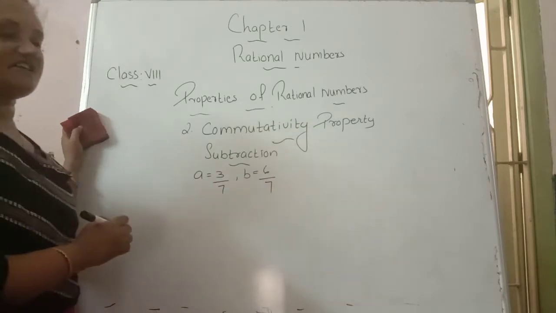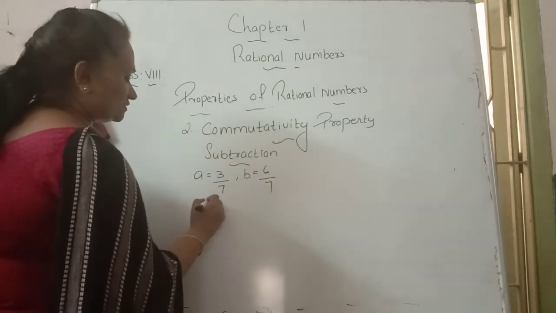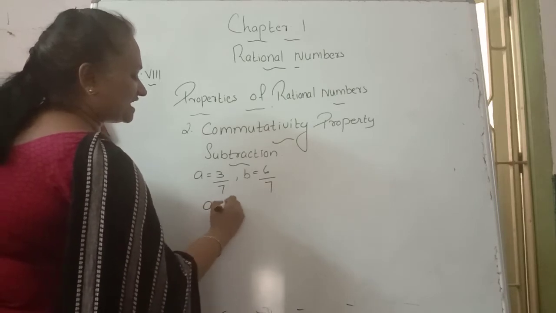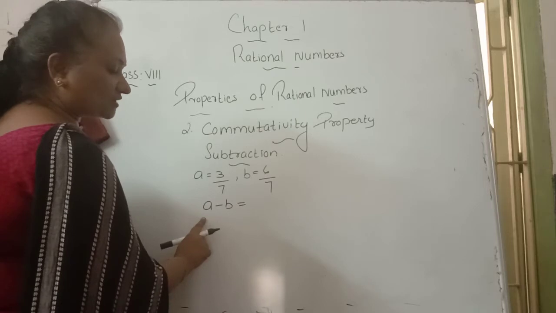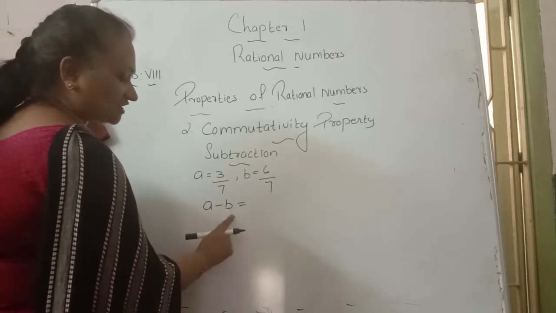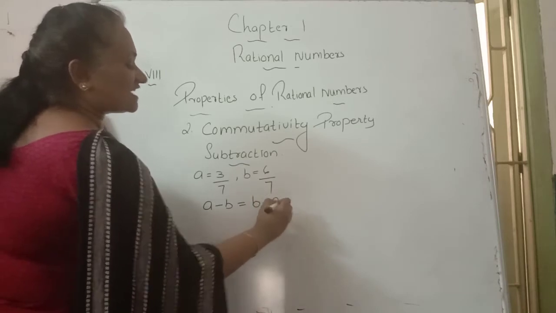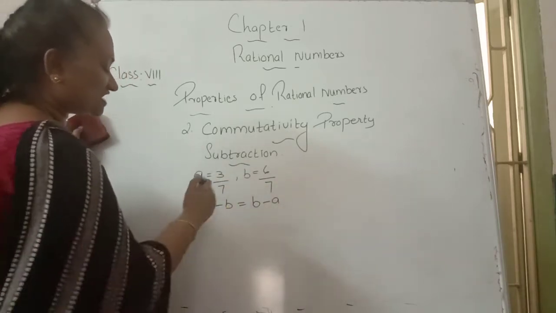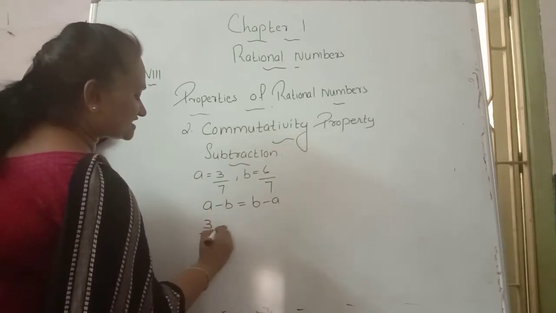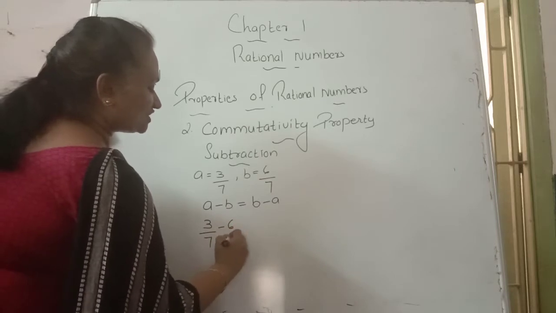Two values are considered and I am going to do a subtraction. The general form says that a minus b is equal to a value taken first and subtracted with b value. That answer should be equal to b minus a. Is it equal or not?